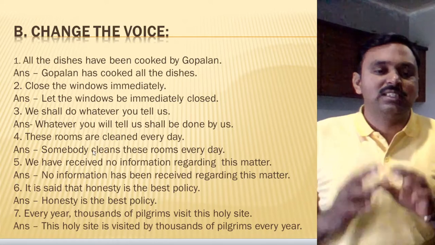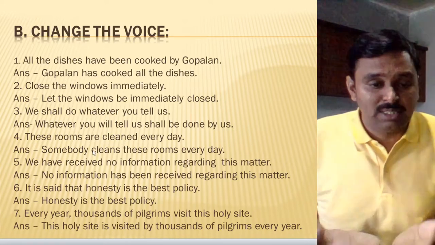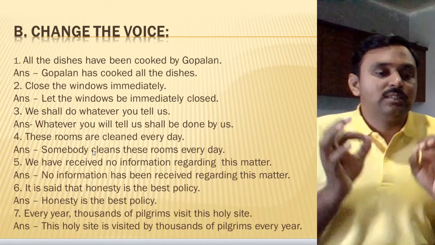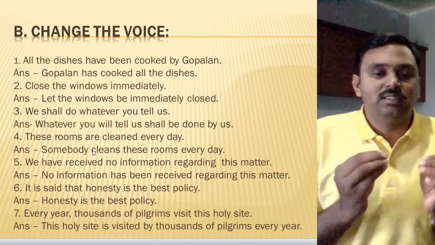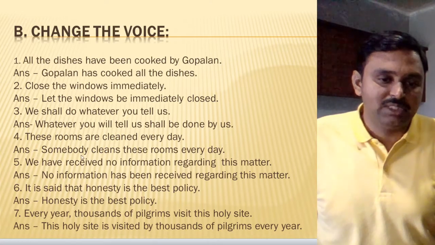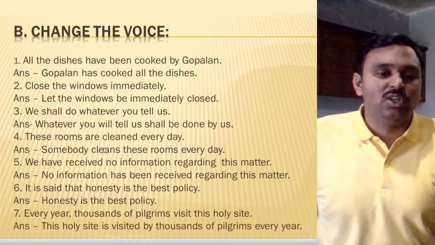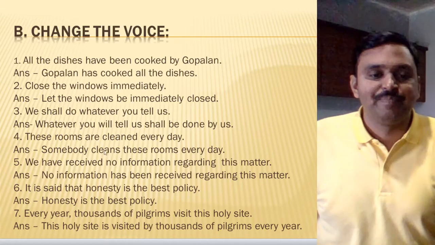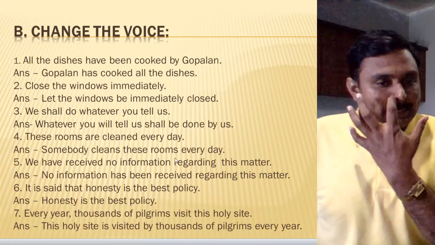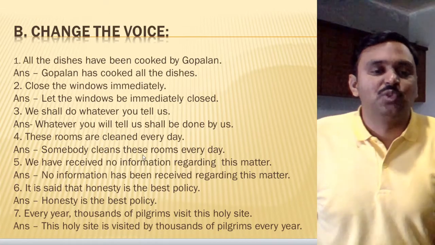And dear children, when the subject is not given, we can mention somebody, anybody, in this way we can use it. So what we'll do here: somebody cleans these rooms every day. So somebody becomes the subject here and acts on the verb cleans. Somebody cleans these rooms every day. This will be the example of active voice.